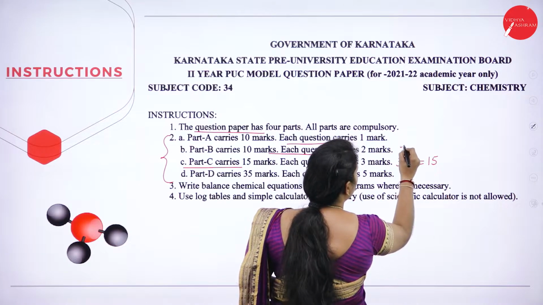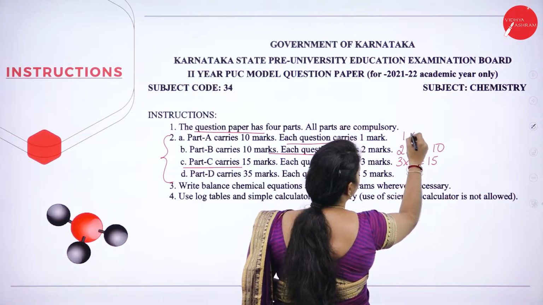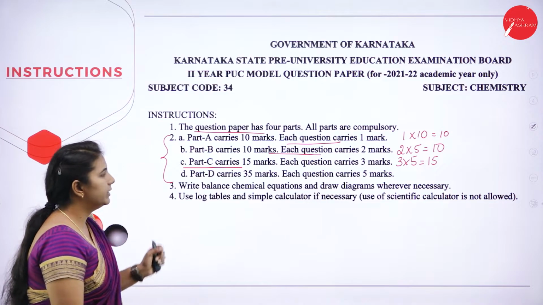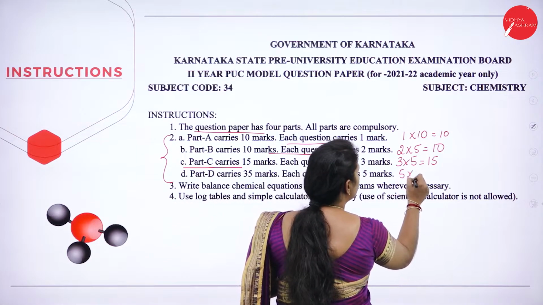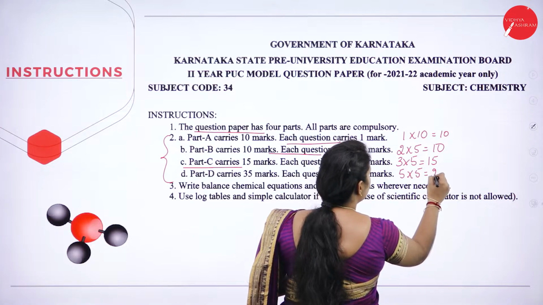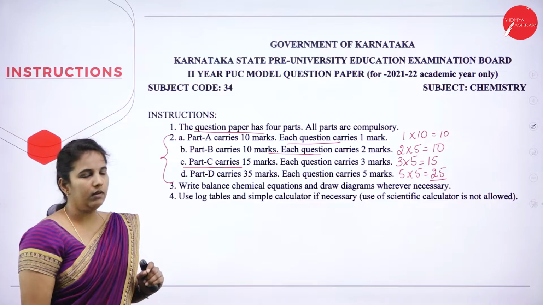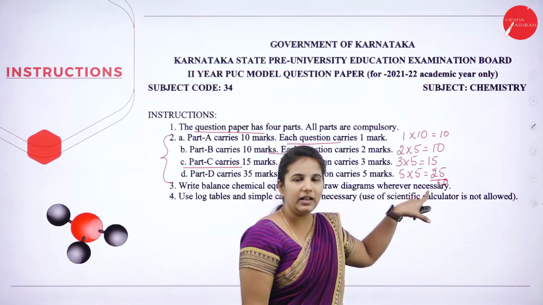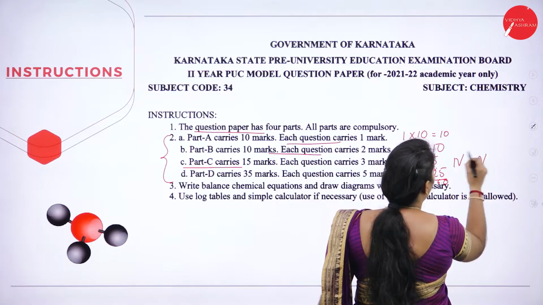So here you will get 10 and 10. Coming to part D, again here you need to attend only 5 questions which carry 5 marks, and the total will be 25. So in part D, you are going to attend questions in the 5th main as well as in the 4th main.